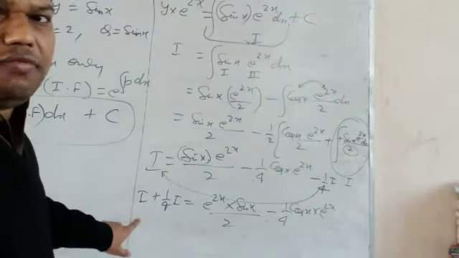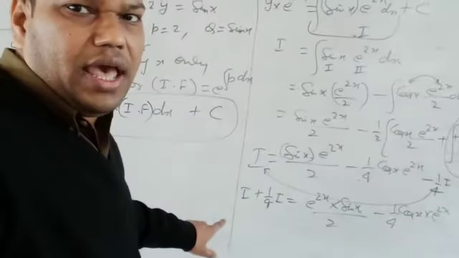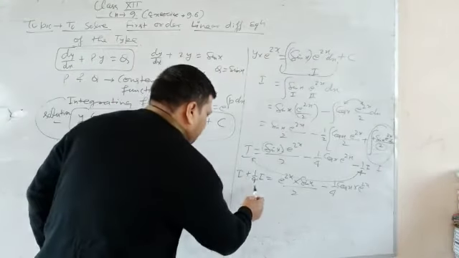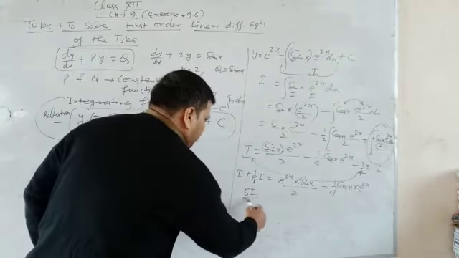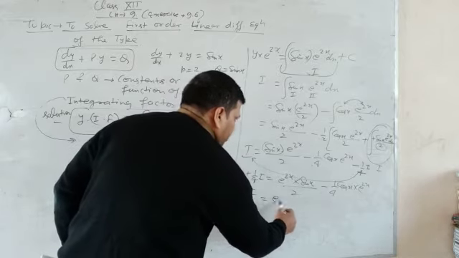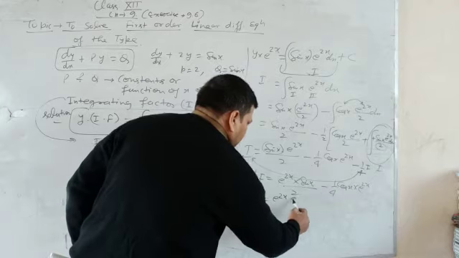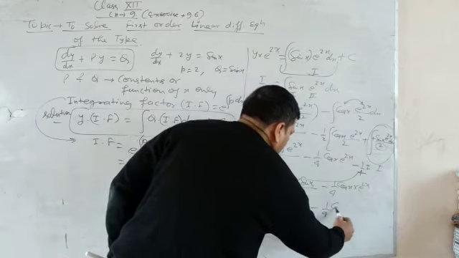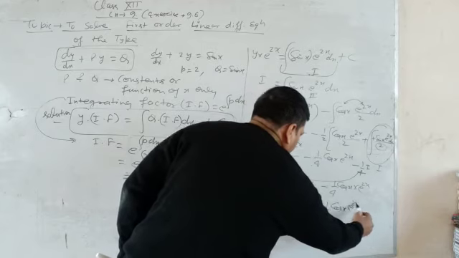Only we have to solve this now. 4 by 4, so 5I upon 4 is equal to e to the power 2x sin x upon 2 minus 1 upon 4 cos x e to the power 2x.